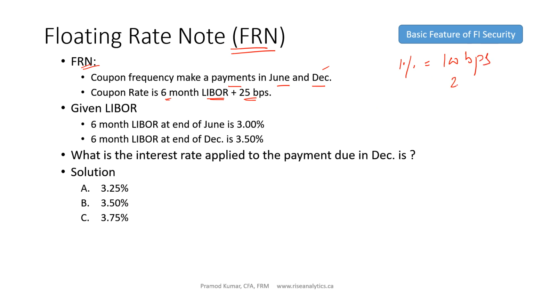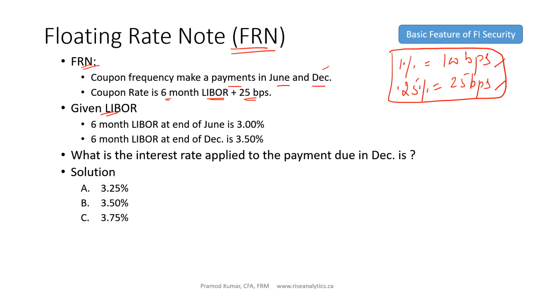So 25 bips is 0.25%. This is the convention. Mostly in the fixed income market, we usually refer to them as bips.